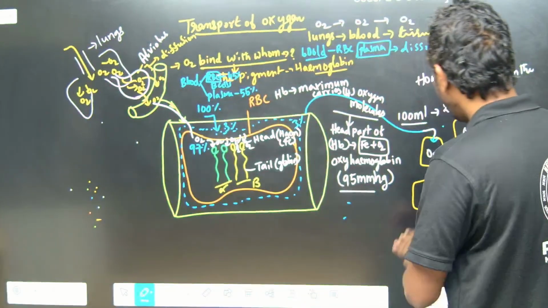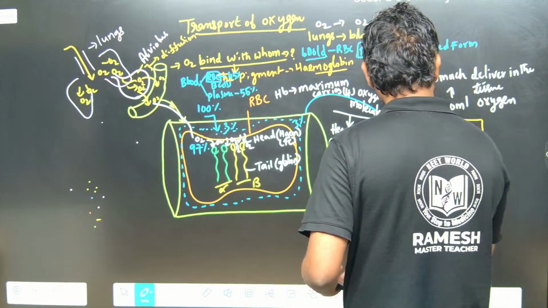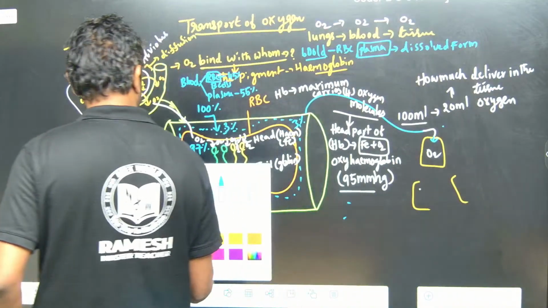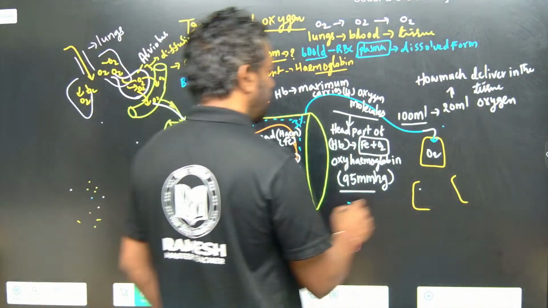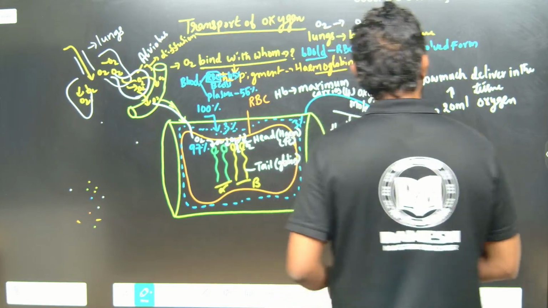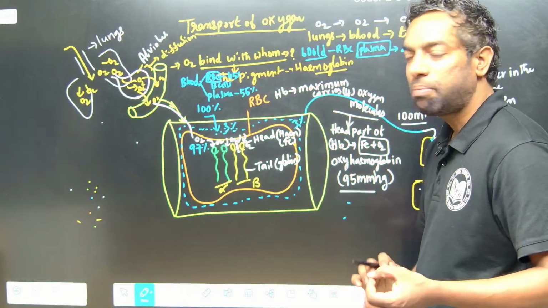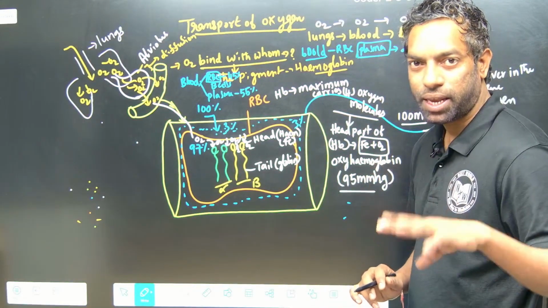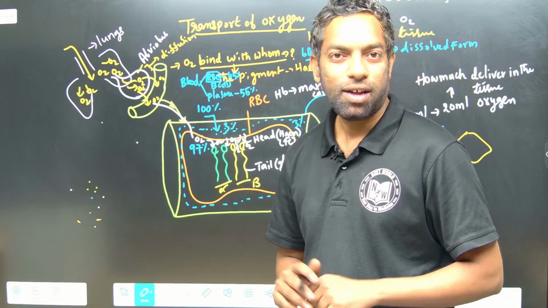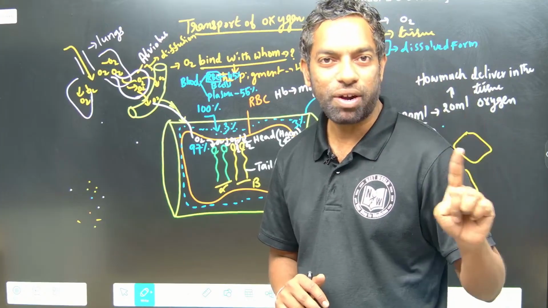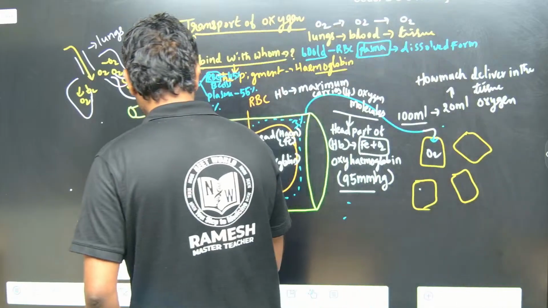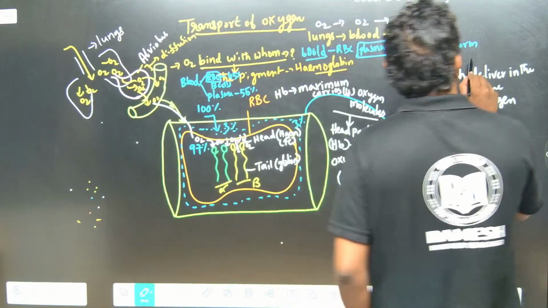If 4 molecules is 20 ml, then 1 out of 4 delivered means 5 ml is delivered to the tissue.